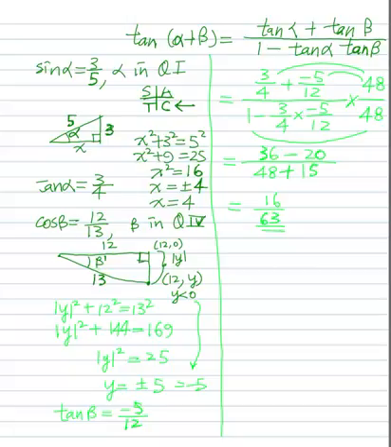We use Pythagorean theorem. We have the absolute value of y all squared plus 12 squared equals 13 squared. The absolute value of y all squared plus 144 equals 169. The absolute value of y all squared equals 25. y equals plus or minus 5.